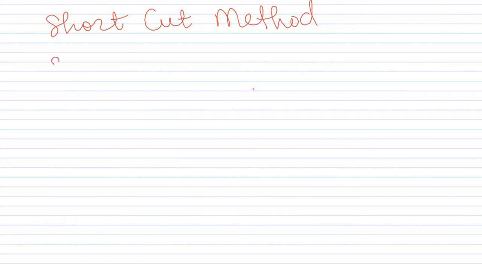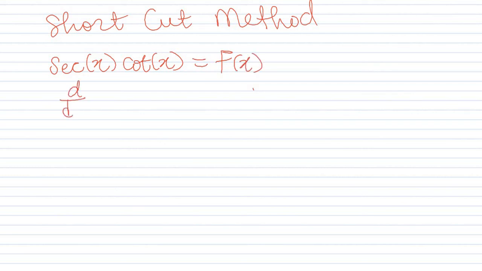So you have secant x cotangent x as f of x, right? And you're asked to find the derivative of secant x cotangent x, which is our question from the beginning.